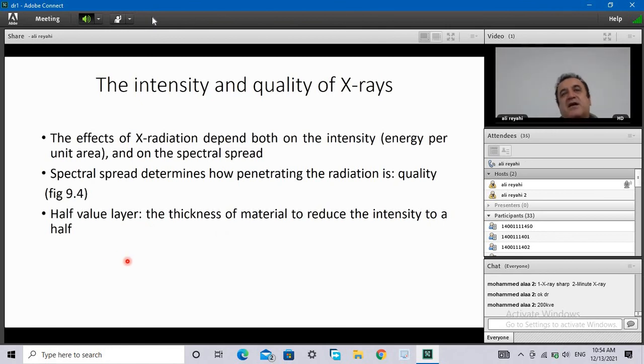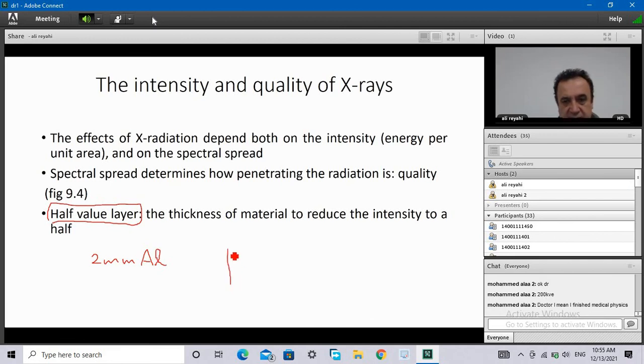For example, I say to you the half value layer of an X-ray is, it is an example, 2 millimeter aluminum. I'm describing this.